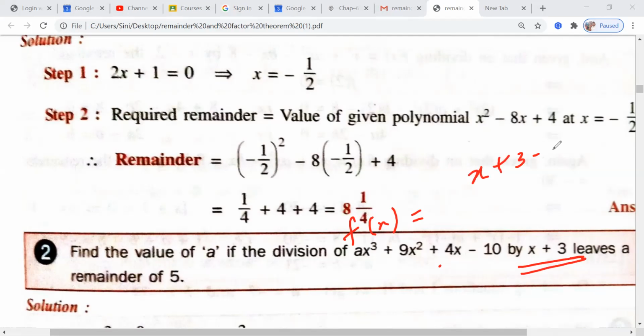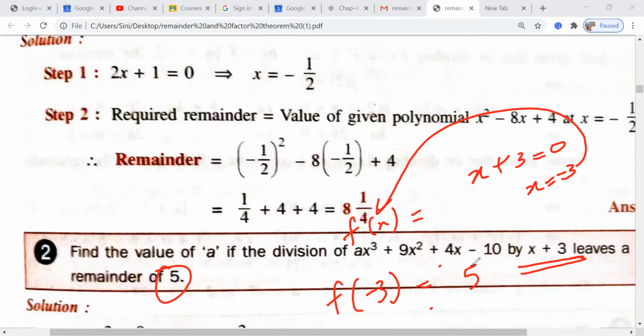Equate x plus 3 is equal to 0, so x is equal to minus 3. That value I have to substitute in this x, so f of minus 3. The remainder is also given as 5. So I have to substitute minus 3 in place of these x and find the value of a.